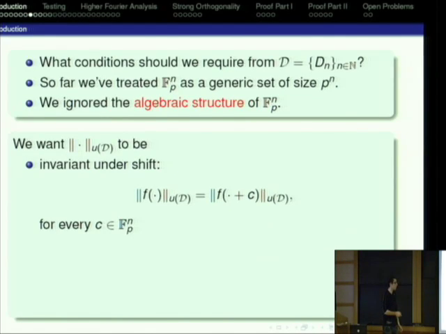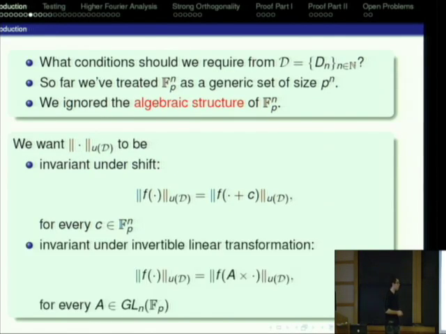And also, we want it to be invariant under invertible linear transformations. So if you take an n by n invertible matrix and act it on f, we don't want the norm to change. So this takes care of all the algebraic symmetries of F_p^n. That's the framework of Kaufman and Sudan, basically.